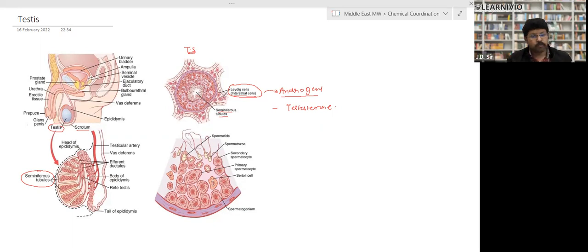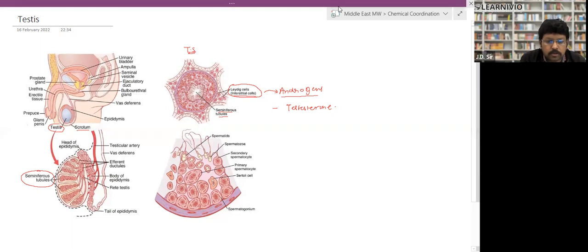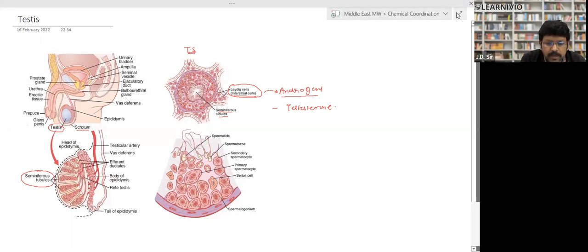The next one is the ovary, that is found in females, right? So the next gland, put the heading of next gland, that is ovary.